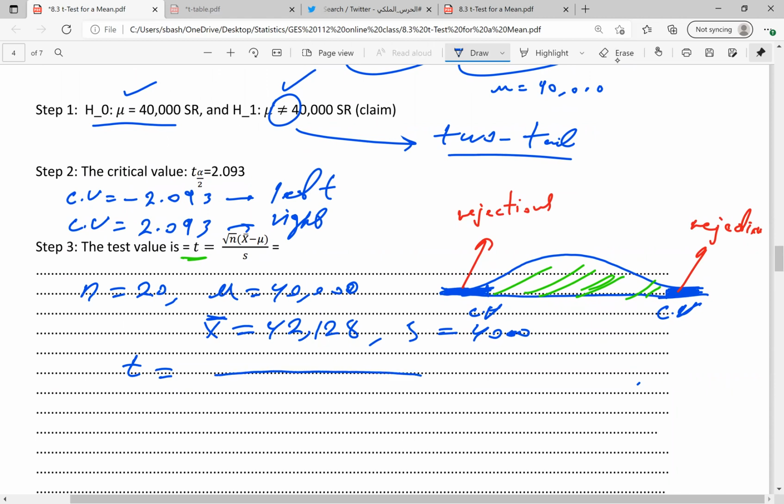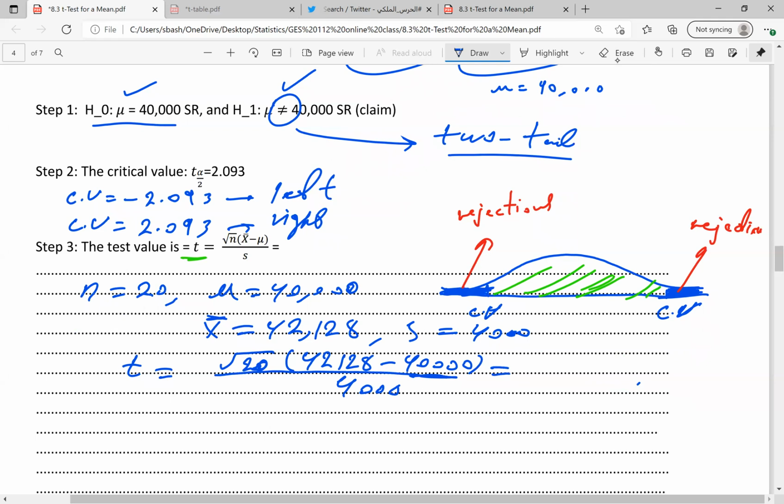So T equals square root of N, which is 20, multiplied by X bar, which is 42,128, minus the mean of the population, 40,000, divided by the standard deviation, which is 4,000.